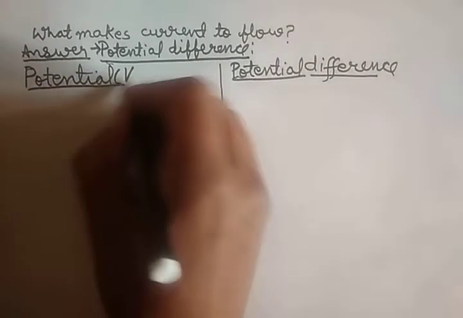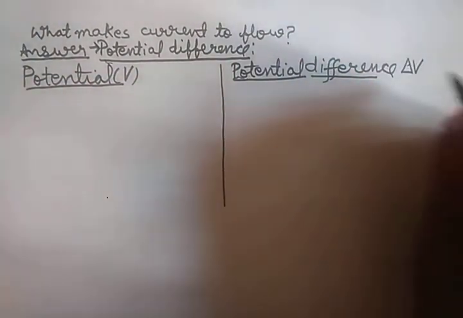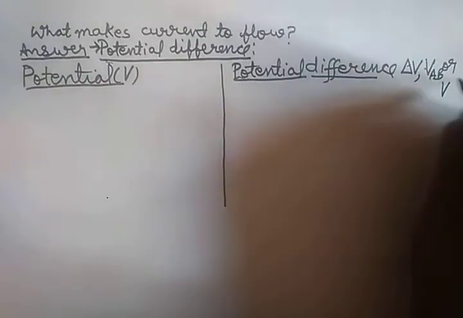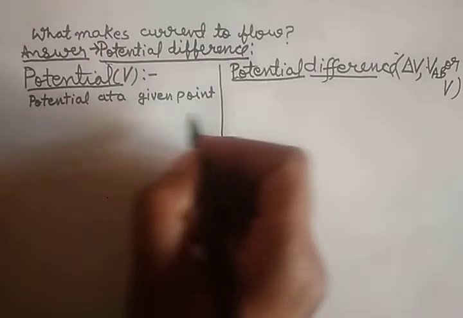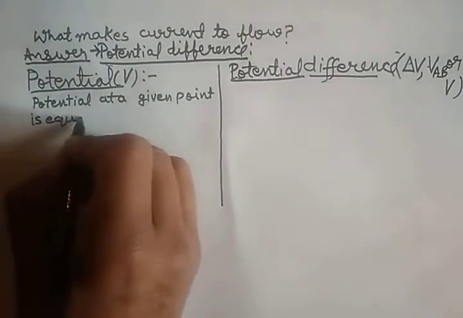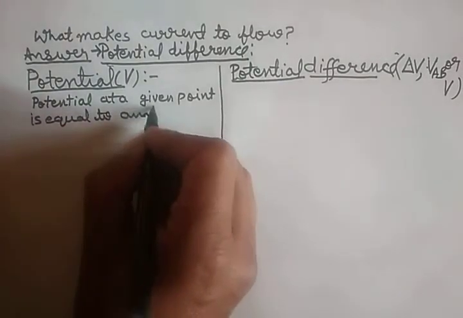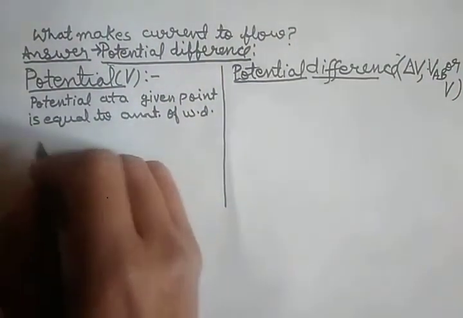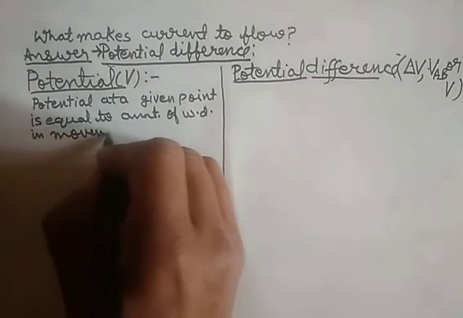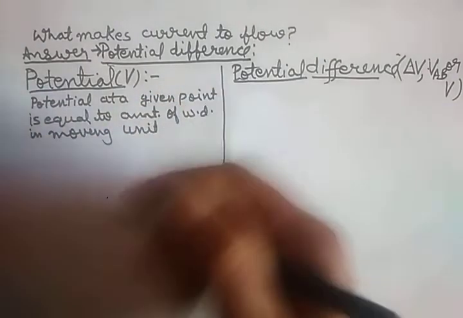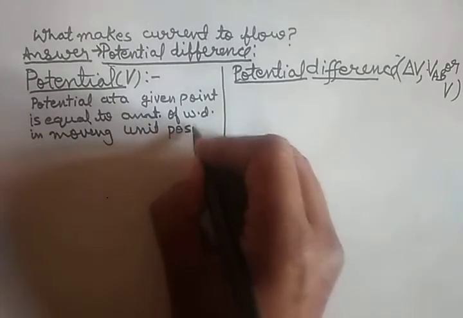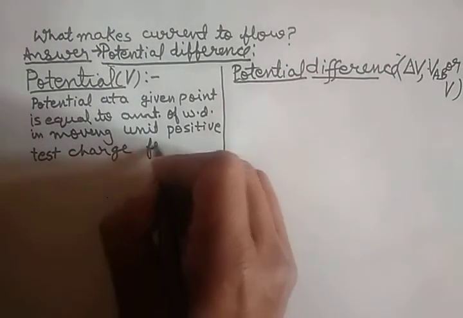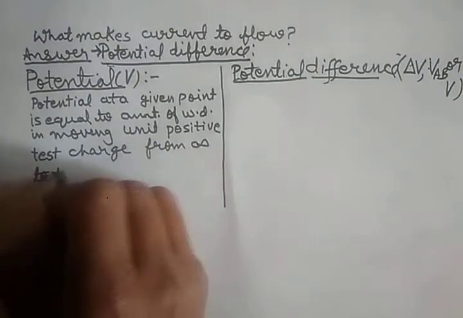Its symbol is V, but sometimes it is written as delta V also: delta V, VAB, or simply V. So potential at a given point is equal to the amount of work done, in shortcut I use AMT for amount and WD for work done, in moving a unit, meaning value 1, positive test charge from infinity to that point.